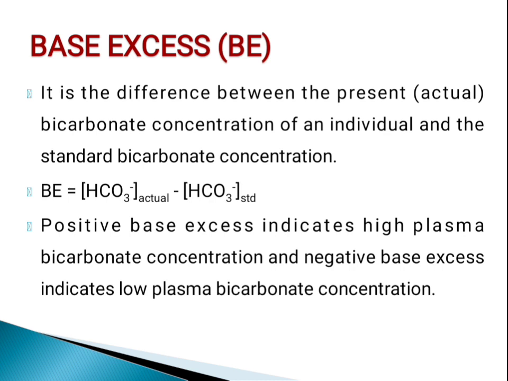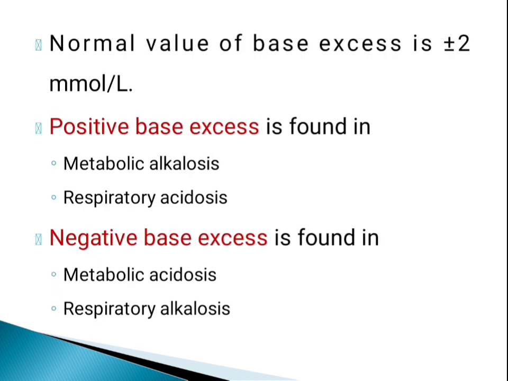So, in which condition will which type of base excess exist? Let's check. The normal value of base excess is plus or minus 2 millimole per liter, and positive base excess we will find in metabolic alkalosis. Of course, in metabolic alkalosis the bicarbonate level is high, so we get positive base excess, as well as in respiratory acidosis.